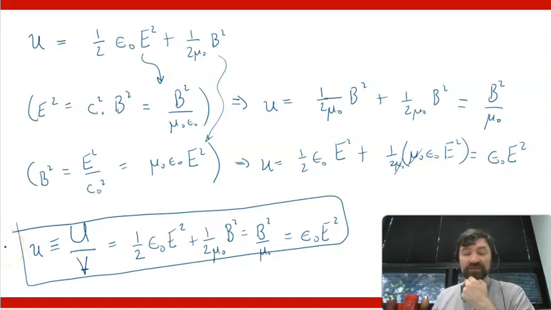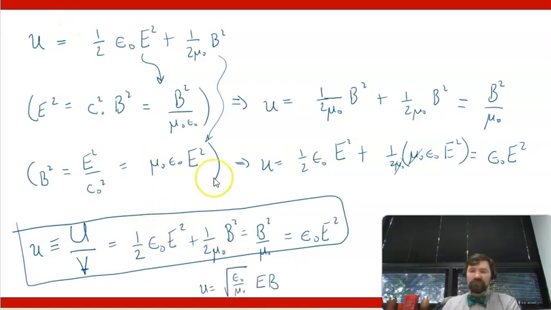There's another way of writing these, by the way. Instead of splitting everything up into just B or just E, we could say that these are both E times B terms.